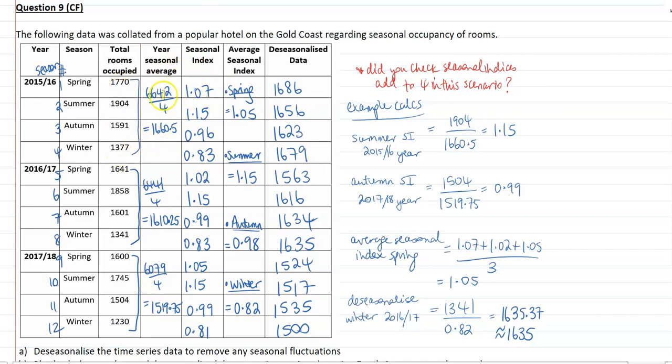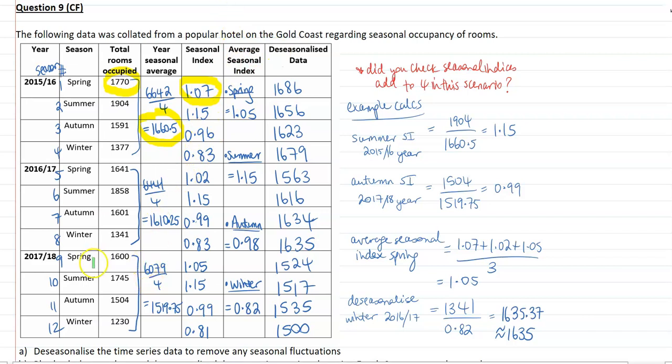I then use that seasonal average to find the seasonal indices for each of these seasons. From there, I would divide each of these seasonal values by the seasonal average. So for spring, I would divide 1770 by 1660.5, and that would give me a seasonal index for spring of 1.07.